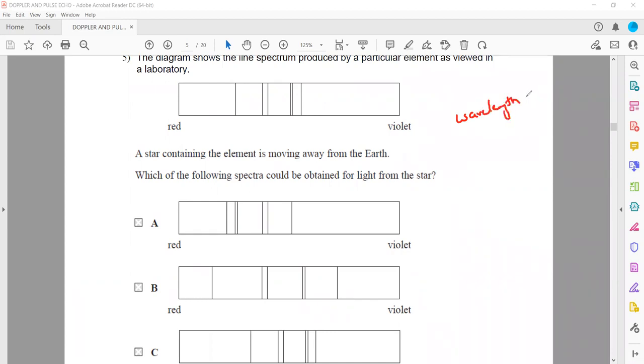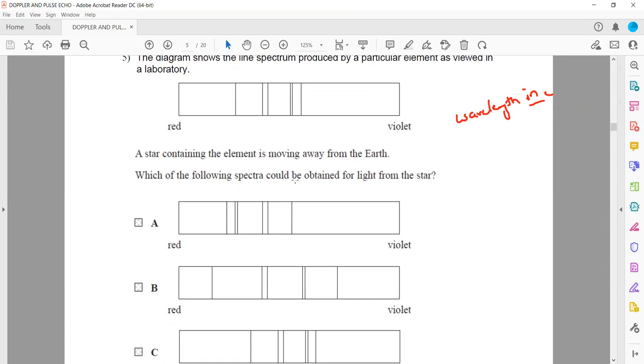The observed wavelength will be higher, shifted towards the longer side, which we call the red shift. So the whole spectrum will shift towards the red.